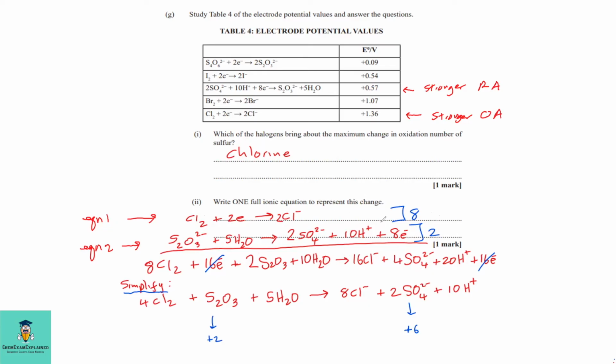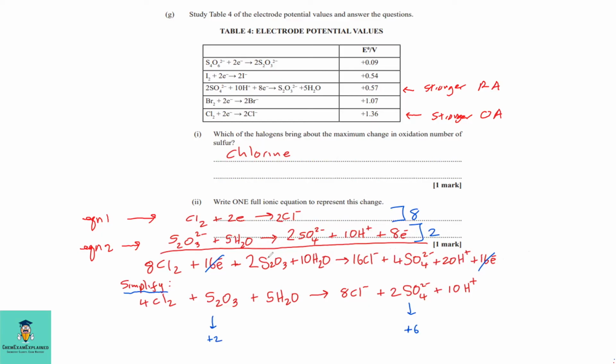Then we go to the right-hand side. So 8 times 2 give us 16Cl minus, plus 2 times 2 give us 4SO4 2 minus, plus 2 times 10 give us 20H plus, 16 electrons. So we have 16 electrons on both sides, so it can be eliminated.